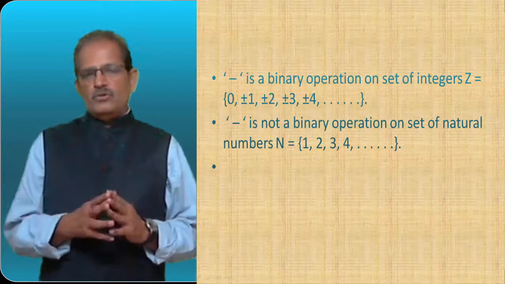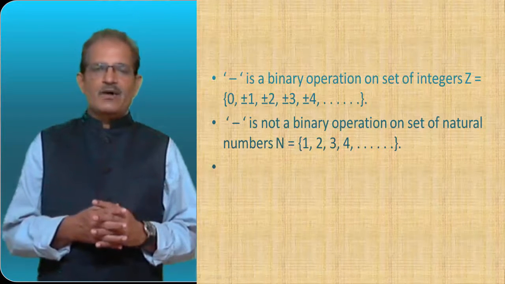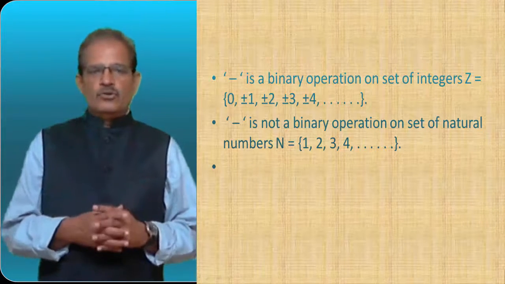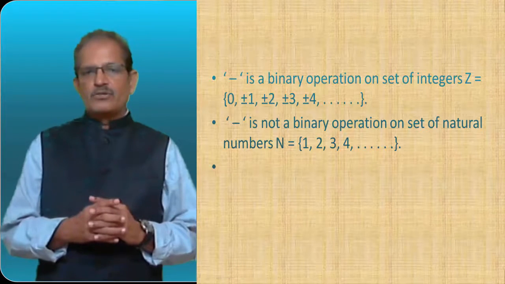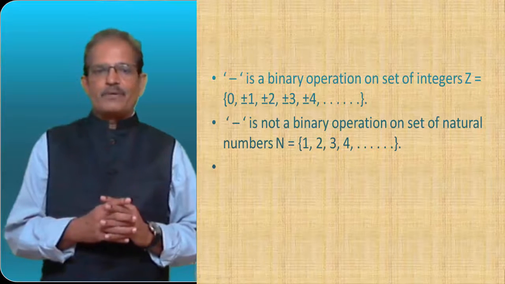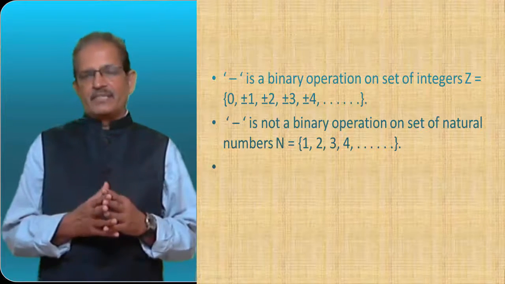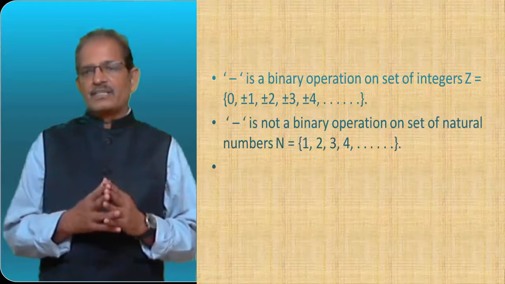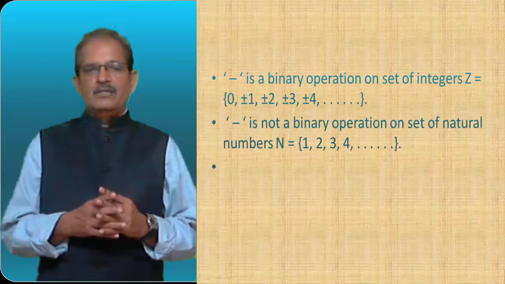Now suppose you define minus or subtraction on this set. You are sure that this is not a binary operation, because you take any two natural numbers and subtract, you may get a positive integer or negative integer. But negative integers are not in the set. Therefore, minus is not a binary operation on N.